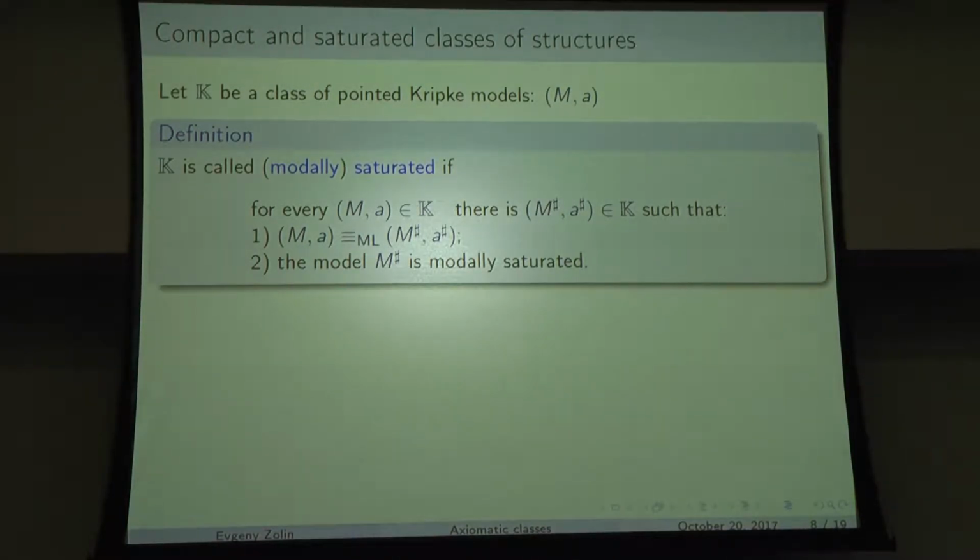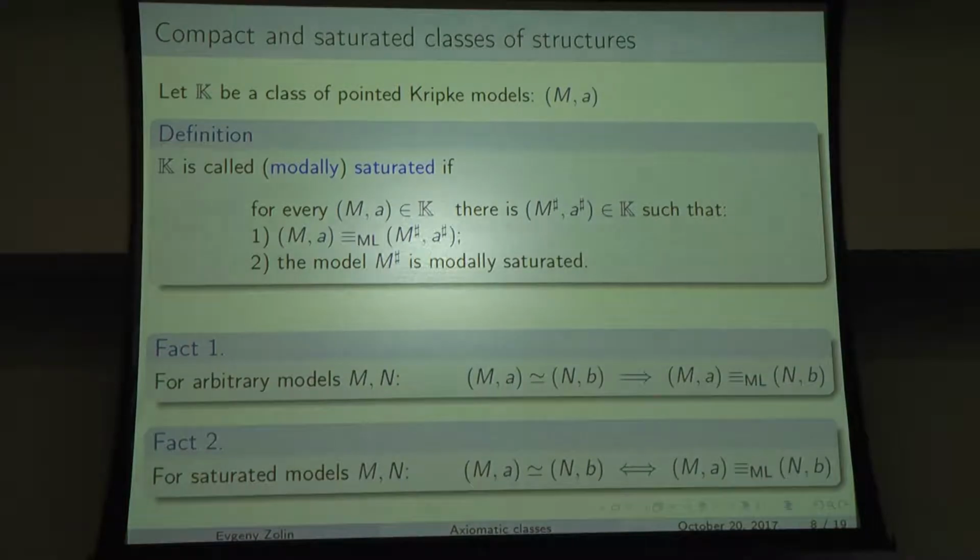I will not give the definition of a modally saturated model. It is a bit more technical, but you can find it in the textbooks. I will just give two facts that we need about it. First, the relationship between bisimulation and modal equivalence. In general, we have only one implication. If two pointed models are bisimilar, then they are modally equivalent.